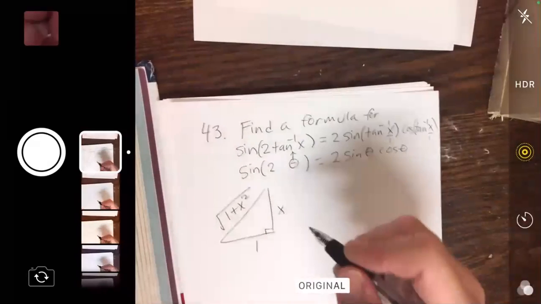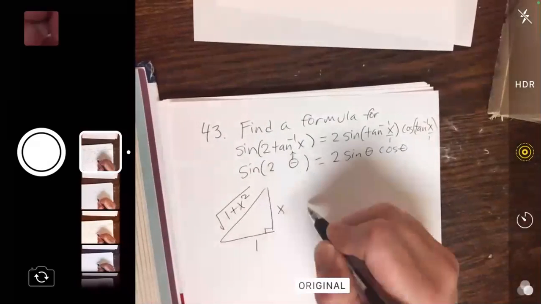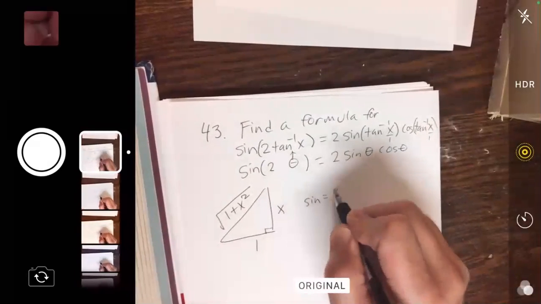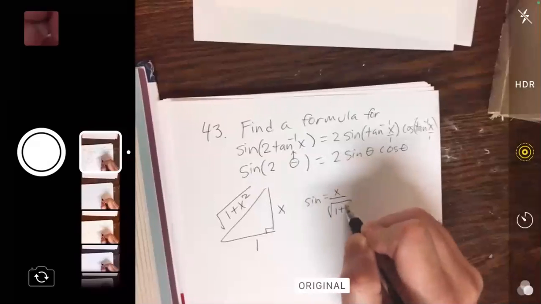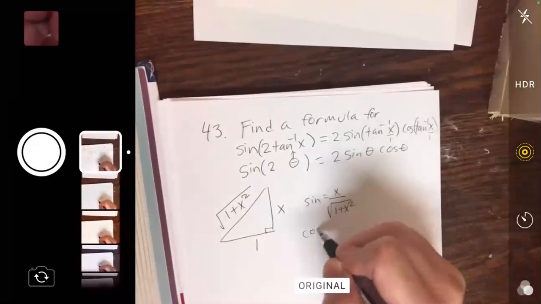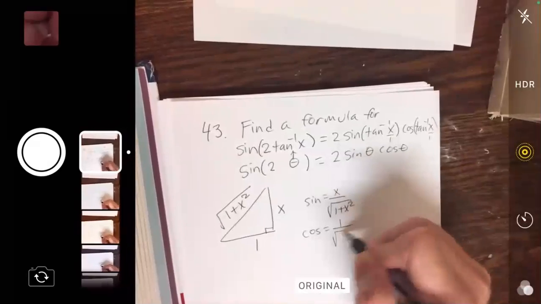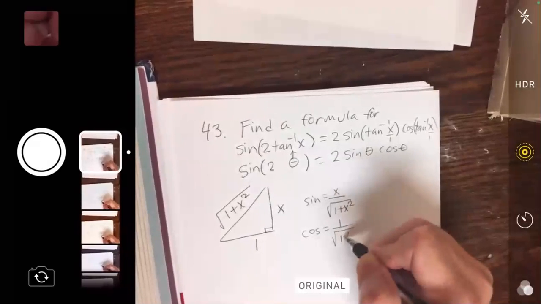Can you see that sine is x over the square root of 1 plus x squared, and cosine is 1 over the square root of 1 plus x squared?